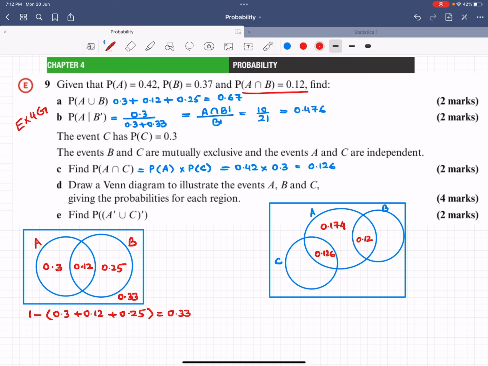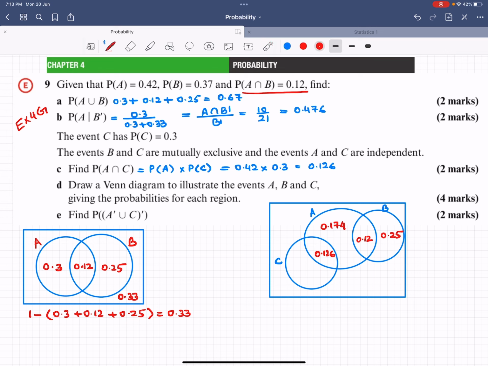Similarly, we can find the probability of only B, which is this part, by taking the probability of B, which is 0.37, and subtracting 0.12. So we get the probability of only B part, which is 0.25. And for C, we have the probability of C as 0.3, which is for the entire circle. We can subtract 0.126 from 0.3 to find the probability of only C, which is this part.